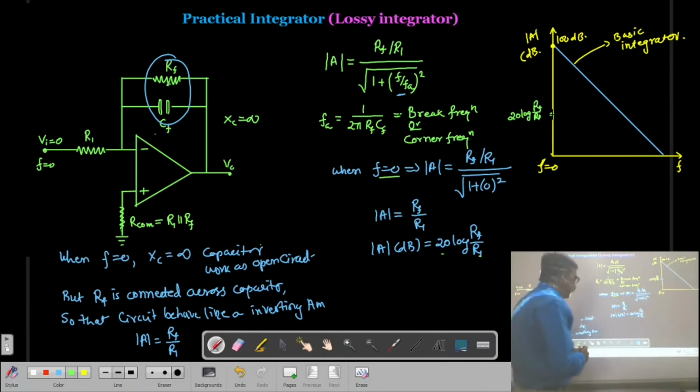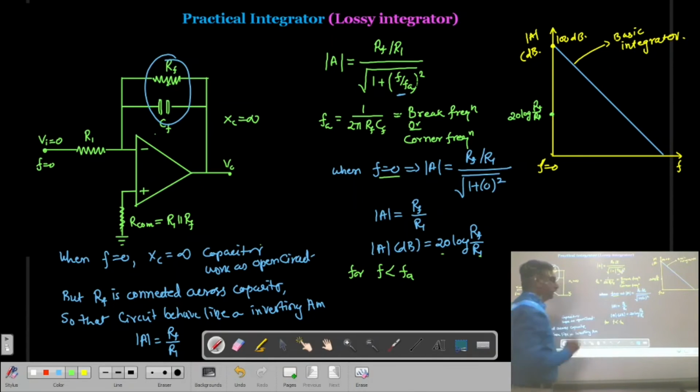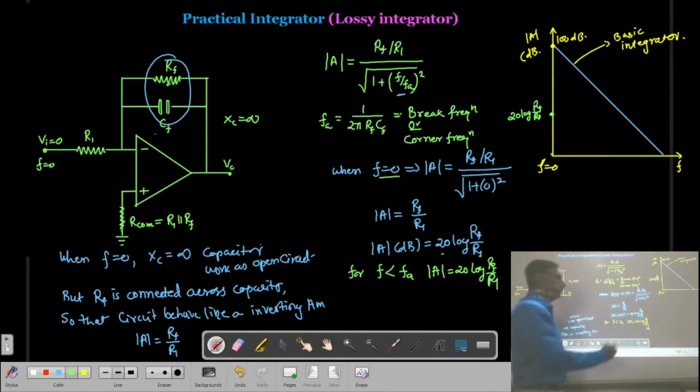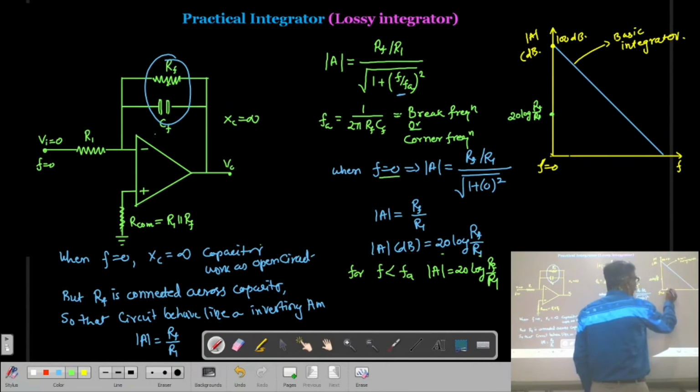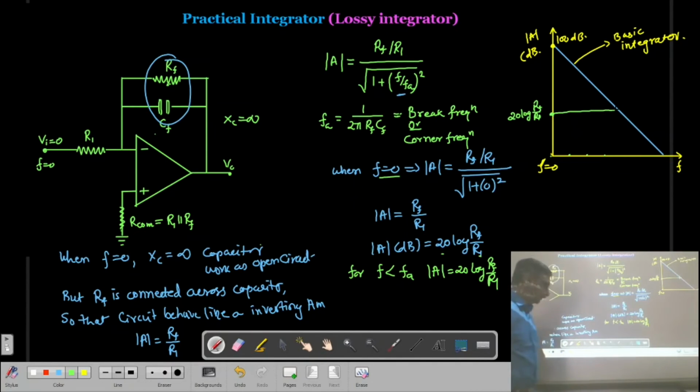Now for all the frequencies which are less than Fa, in this formula you can calculate, if my input frequency is less than Fa, then always the gain of this amplifier will be 20 log Rf by R1. So if I increase the frequency, that is 100 Hz, 200 Hz, 300 Hz, then the gain of this amplifier is almost going to remain constant.